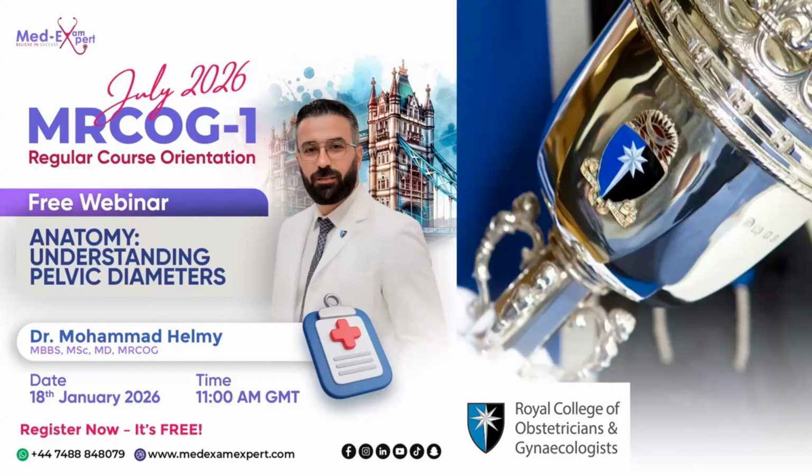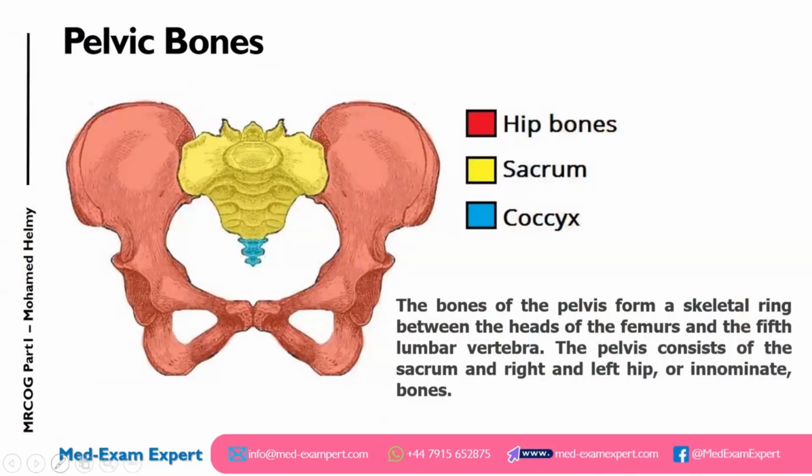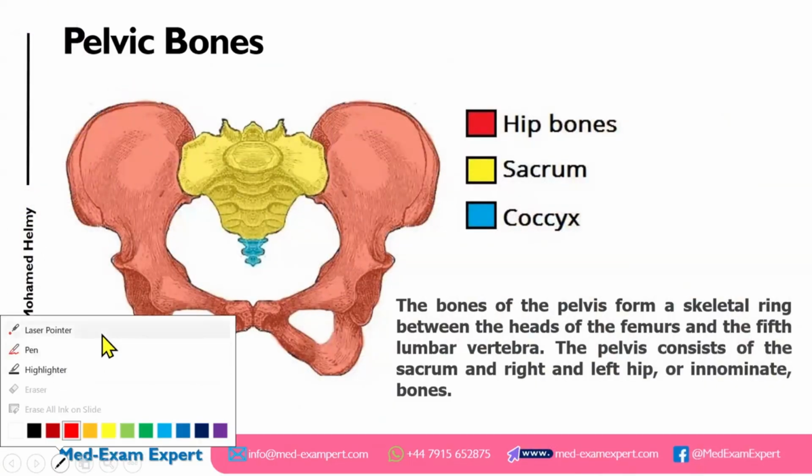Okay, so focusing on the anatomy of the pelvis and the pelvic organs, especially, of course, the female genital system, is the cornerstone of studying anatomy for MRCOG Part 1, besides some other topics that is covered during the course, inshallah.